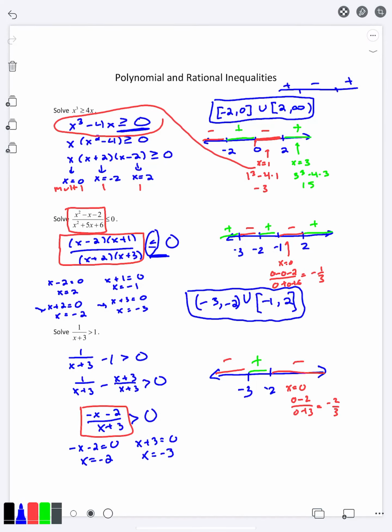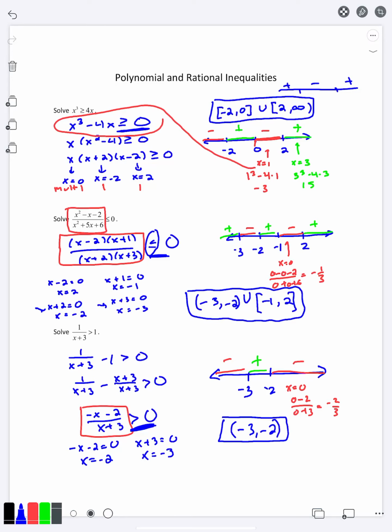And I'm looking for the parts that are positive, so that means the answer is going to be -3 to -2. And in this case, both of them are going to be parentheses, because of the -3 being on the bottom, but also the -2 because on top it would be 0, and we only want it to be greater than 0, not greater than or equal to 0. So it's going to be parentheses for both sides here.